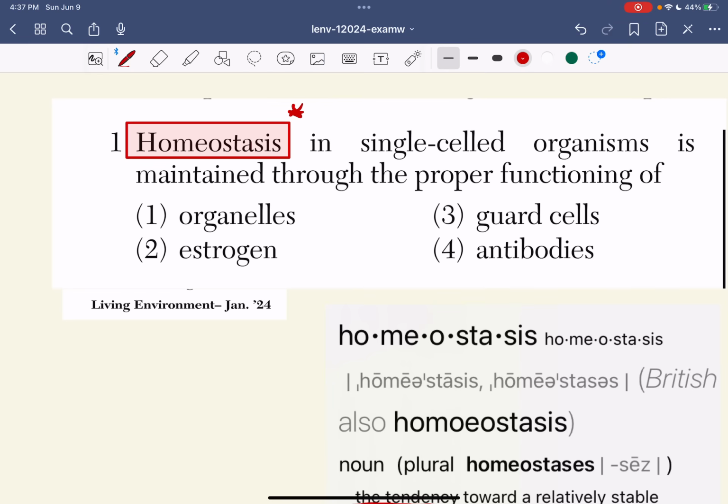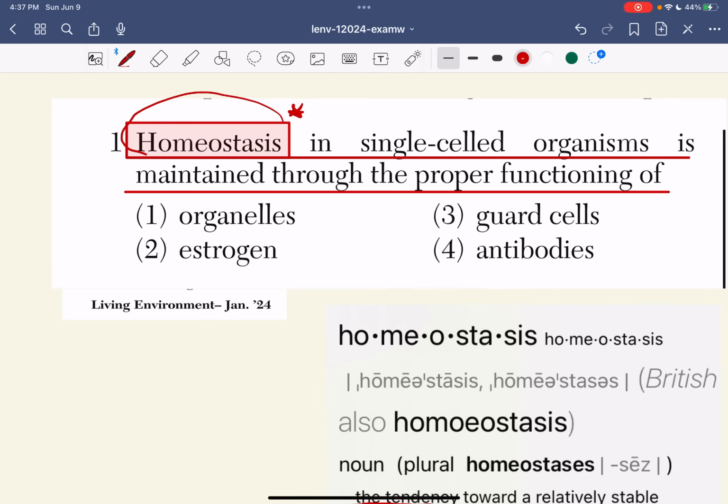Okay, so now that we got that covered, let's read the question. Homeostasis in single-celled organisms is maintained through the proper functioning of... Okay, so this is asking about homeostasis being maintained, but it's asking about single-celled organisms.